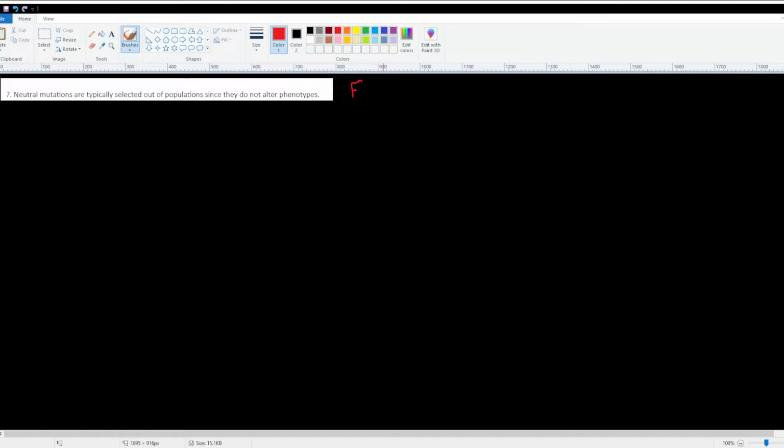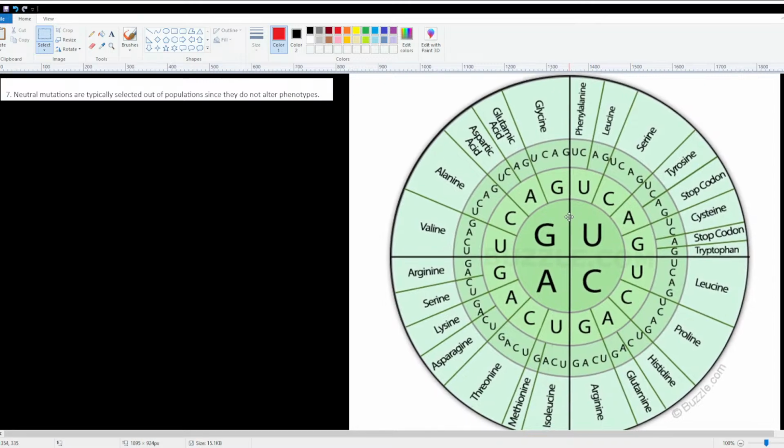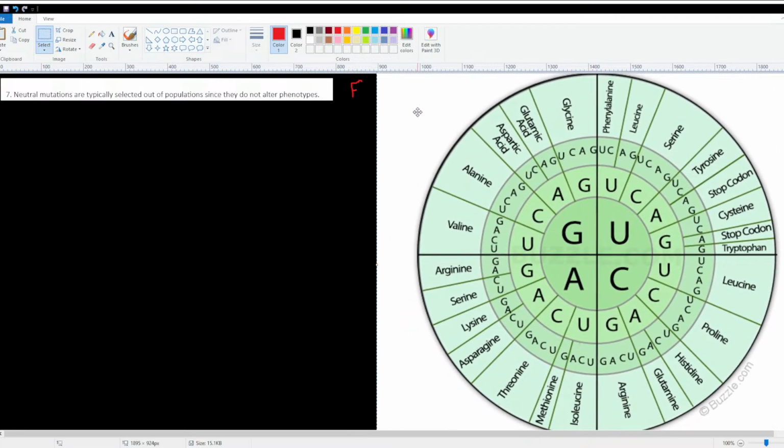So let's use our amino acid chart as an example, right? Let's say we have a codon GCU. That codes for alanine, right? But then we have a codon GCA. Well, guess what? That also codes for alanine, right?